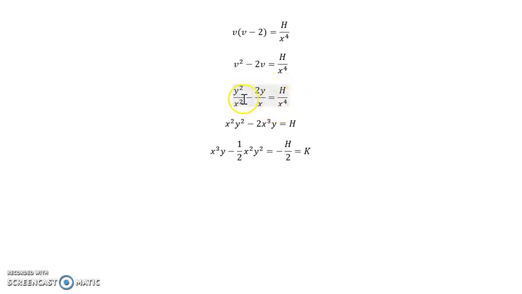Okay, and then we want to get rid of the denominator, so we're going to multiply everything by x to the 4th. And when we do that, we're going to get this expression, which is looking somewhat similar to our previous solution, but it's not quite exactly the same.